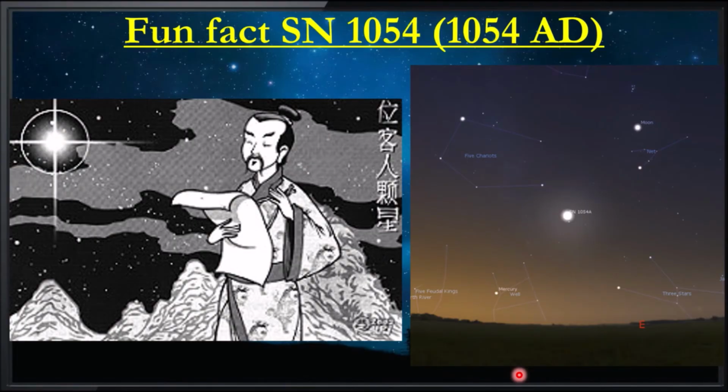A fun fact, this supernova is known as SN 1054. Now what 1054 actually stands for is 1054 AD. The reason why it's called that is because this was when we first made records of this supernova, and it was actually made by the Chinese.